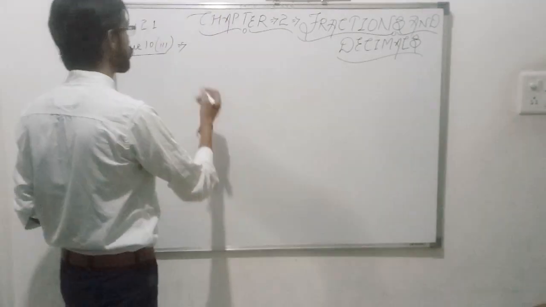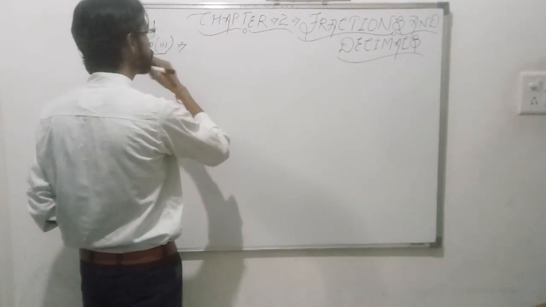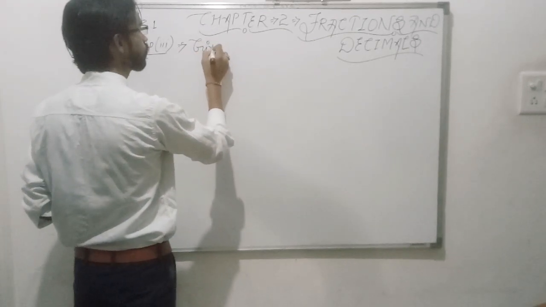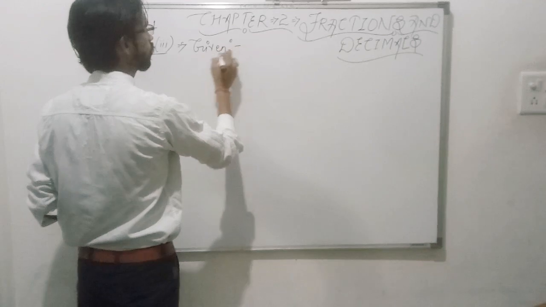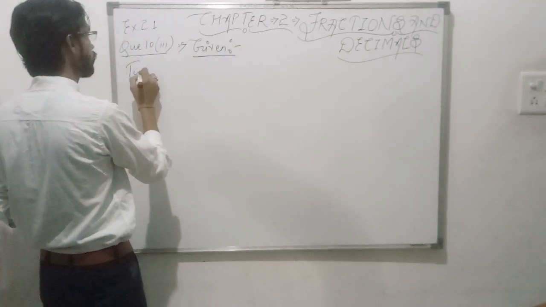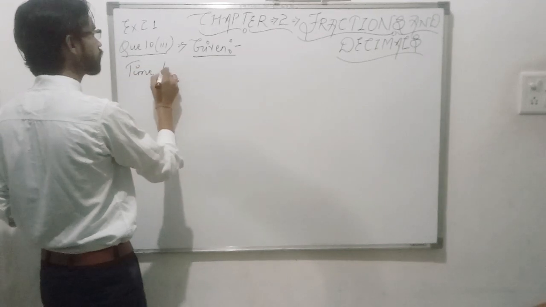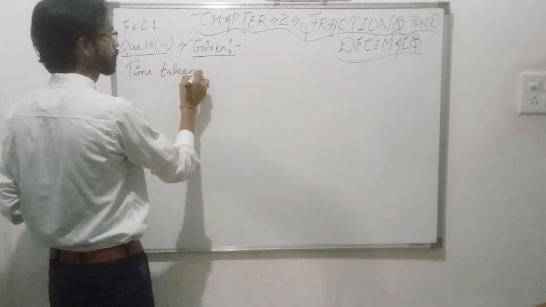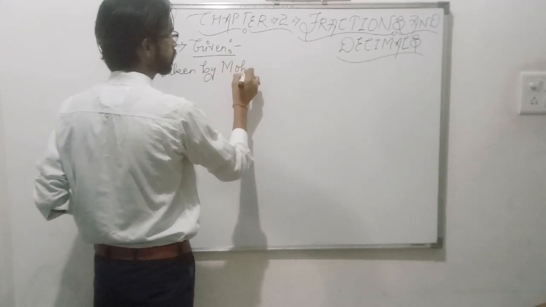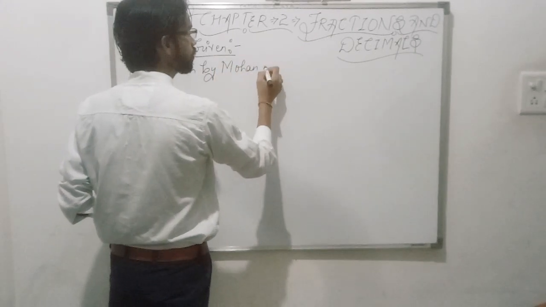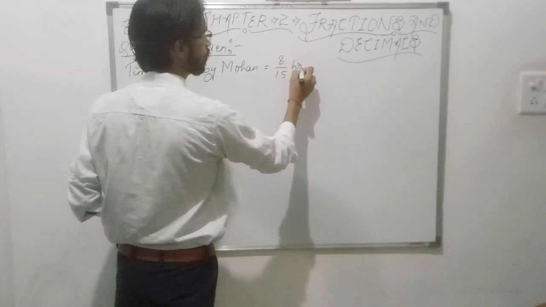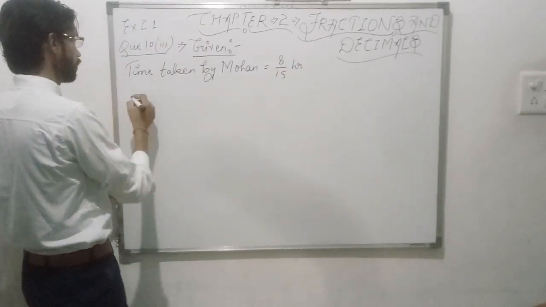So what we will do, first of all, as we used to do in word problems, we will write down what is given. Okay, so first of all we will write down: time taken by Mohan is equal to 8 by 15 hours.